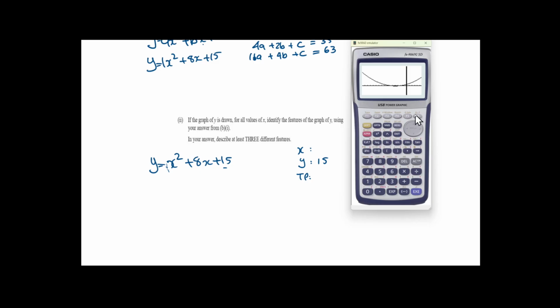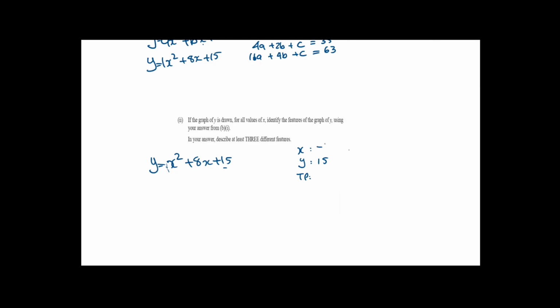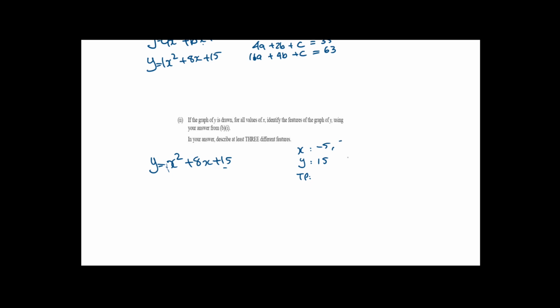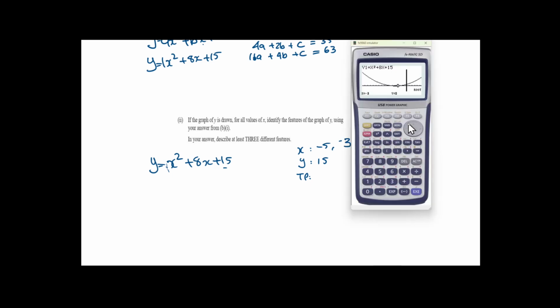And now I'm going to find the x-intercepts, the roots. So I'm going to go to gsolve. First root is at -5. The other root is at -3. And the turning point, gsolve, so it's going to be a minima point, is going to be at -4, -1.